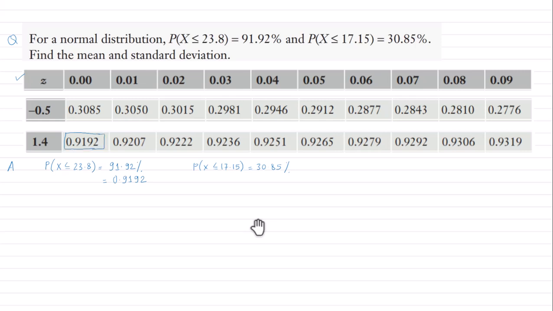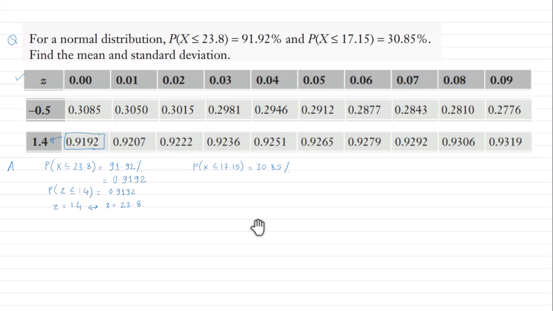And we have to see corresponding to this probability, what's the value of Z. So this can also be written as probability of Z less than or equal to 1.4 should be equal to 0.9192, which essentially means there is an equivalence between Z and X. So that means Z equal to 1.4 corresponds to X equal to 23.8.